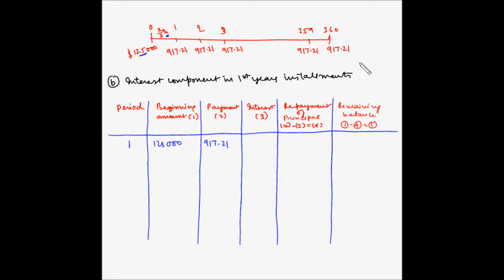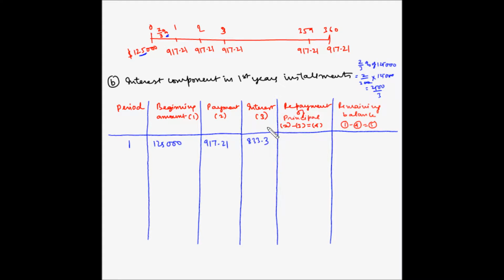So basically 2 by 3% of 125,000. So this is 2 by 300 into 125,000. Basically I divided 2 by 3 by 100 because of percentage. These two zeros get cancelled. So this becomes 2500 by 3, which is equal to 833.3.